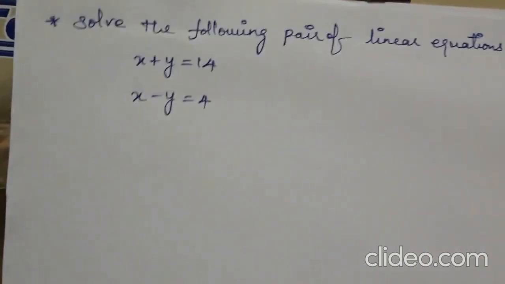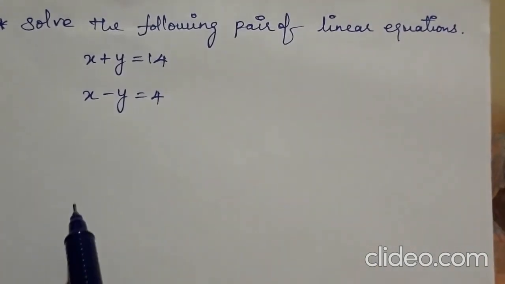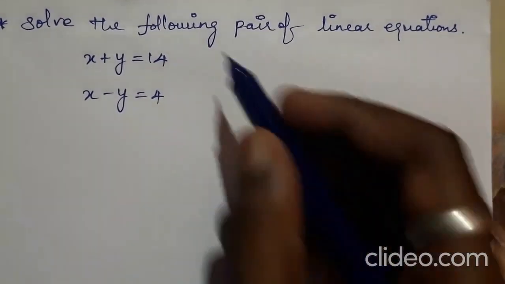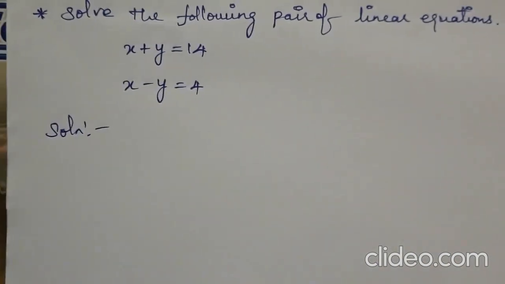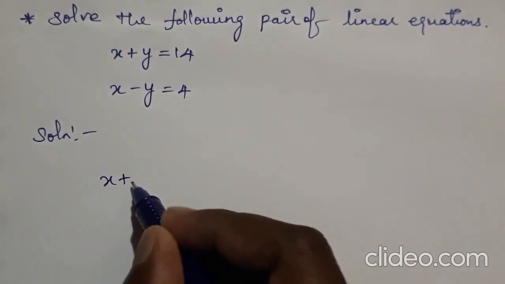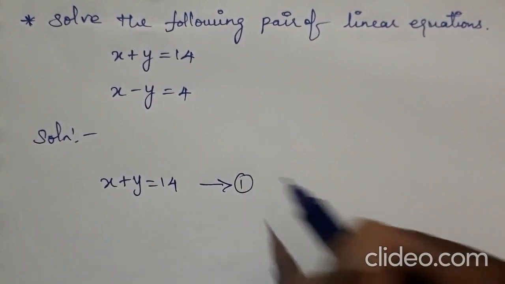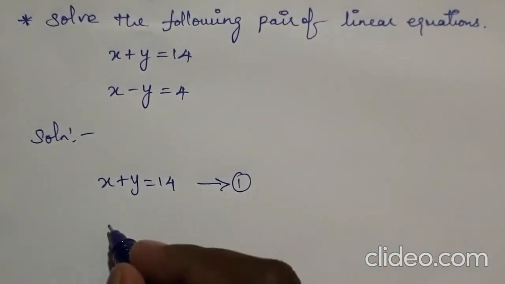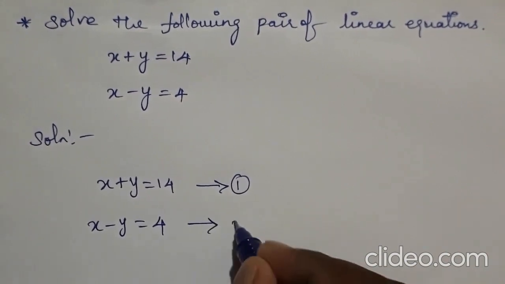They have given two equations. The first equation we can take as equation 1, x plus y is equal to 14, and the second one as equation 2.